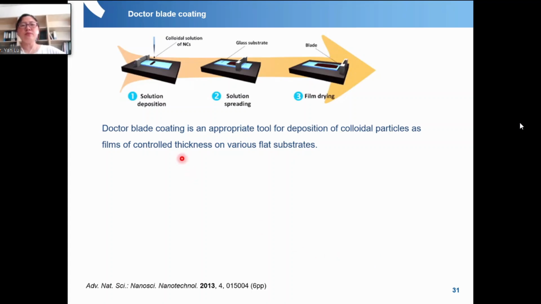Normally you drop the colloidal solution on the substrate, then use the doctor blade to go through, then let it dry, so you can get a kind of dried film.